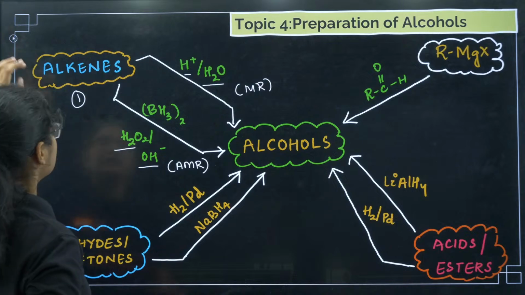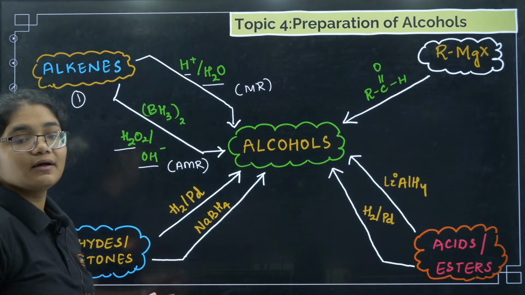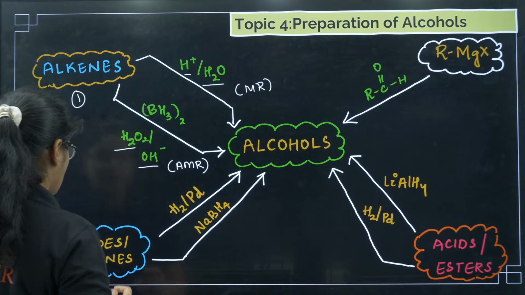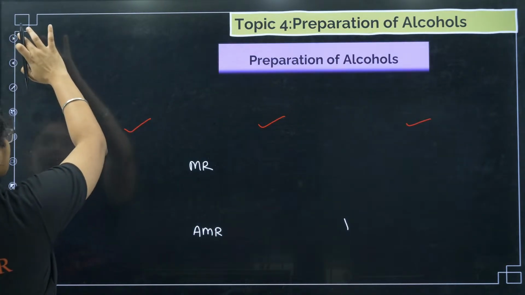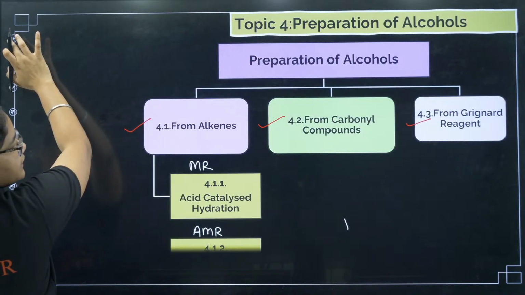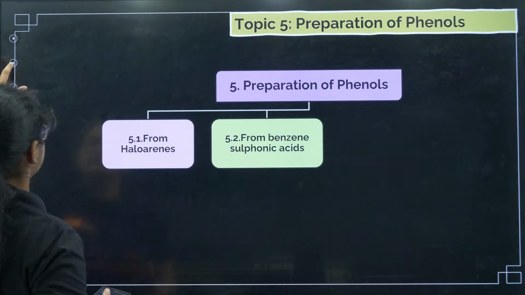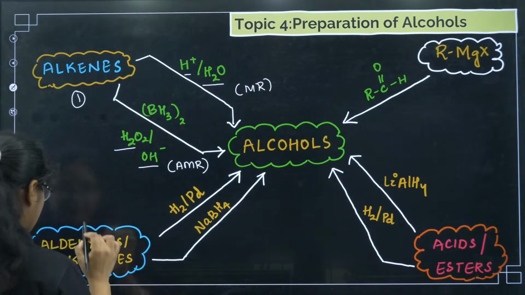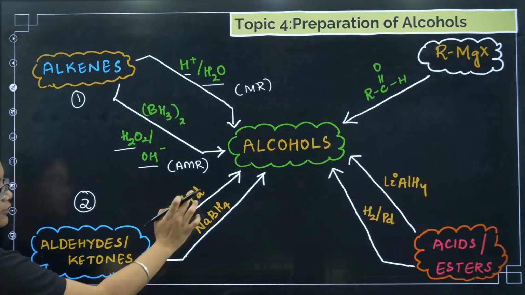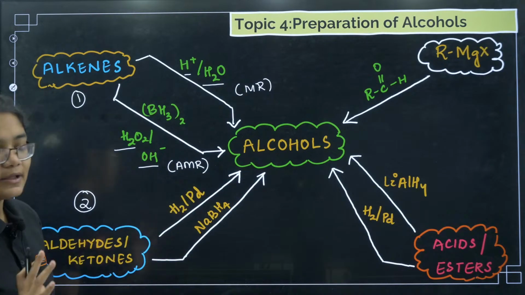Okay, next, so that is the first method, addition to alkenes. The second one, what we thought, from carbonyl compounds, right? So from aldehydes and ketones, you can use H2 palladium or NaBH4 to reduce aldehydes and ketones to alcohols.